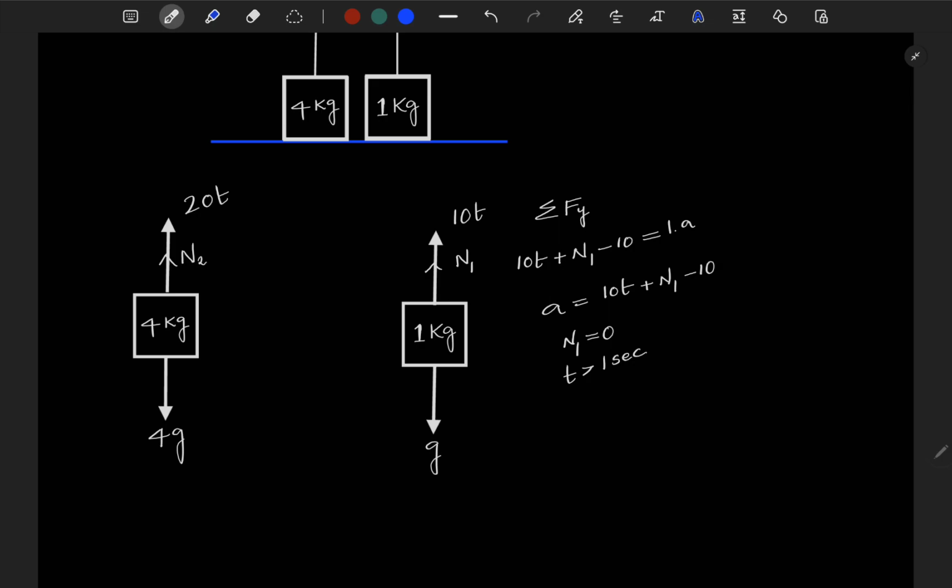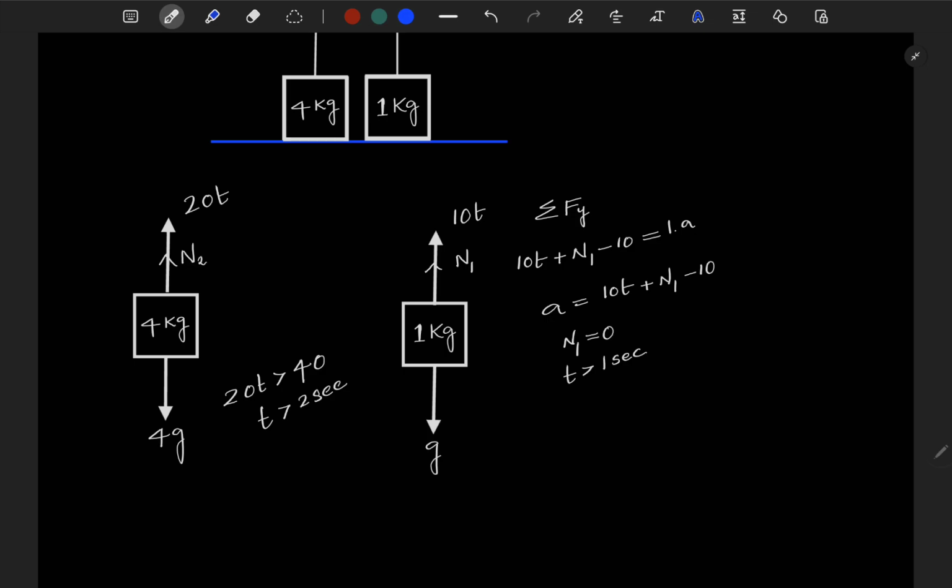Now let's try to analyze the same thing here. So if the 4 kg block has to rise up, then the gravitational force on it is 4g and the applied force is 20t. So 20t must be greater than 4g, which is 40. So t must be greater than 2 seconds.